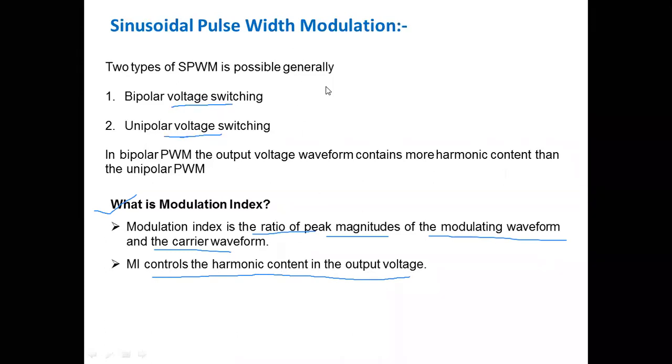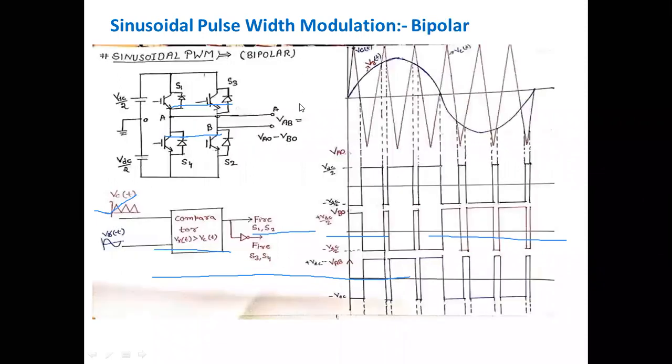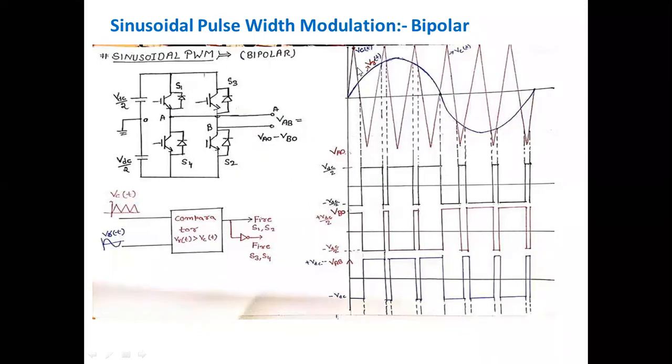Okay, so now we will study sinusoidal pulse width modulation, and the first point is bipolar sinusoidal pulse width modulation. Here you can see the circuit diagram for that. This is your input supply voltage. This is your neutral point.